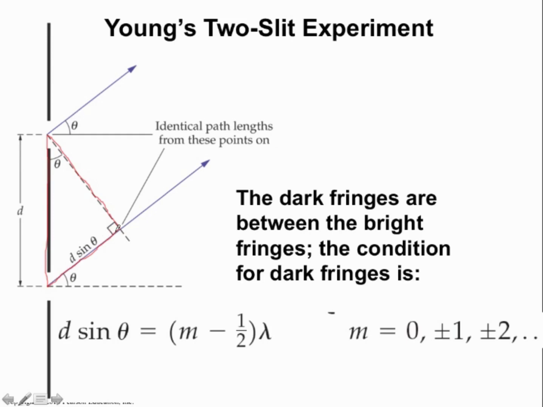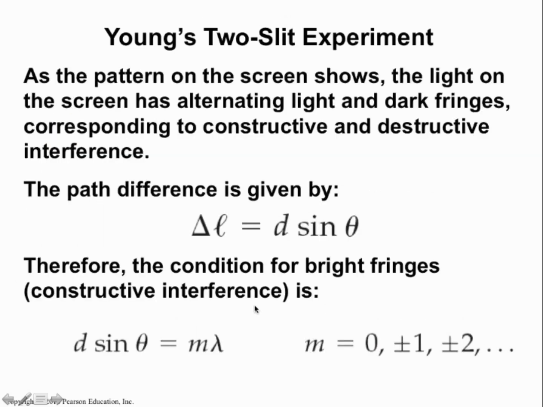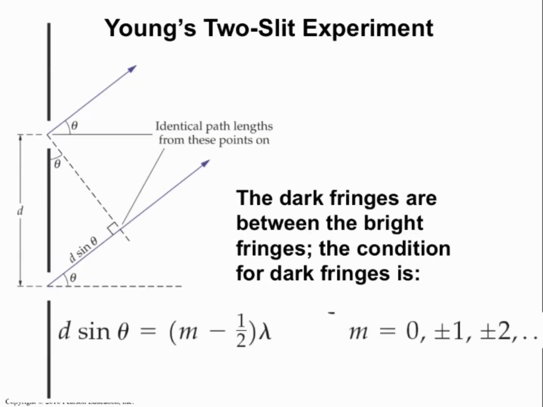So that means the difference in path length is d sine theta. Now, when the difference in path length is a multiple of half lambda, we're going to get destructive interference, and that means a dark fringe. When the difference in path length is a multiple of lambda, we'll get constructive interference, and that's going to give us a bright fringe. So that's where the d sine theta comes from.